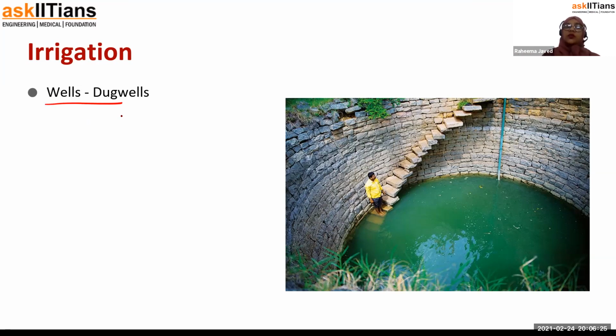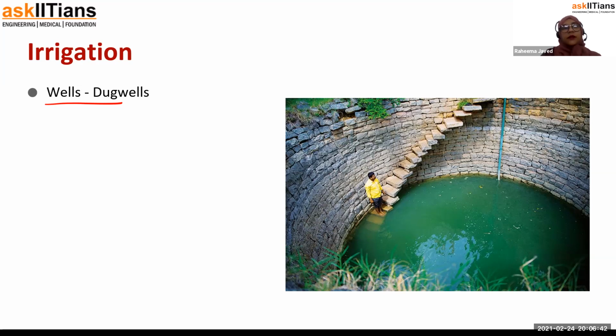So there are two types of wells: dug wells and tube wells. Here I have a picture of a dug well. Dug wells are dug to take the water from the strata which contain the water.